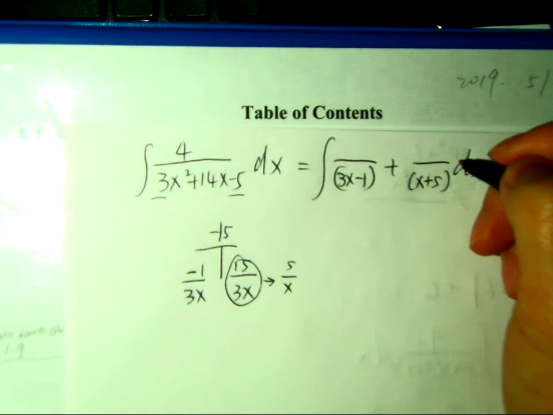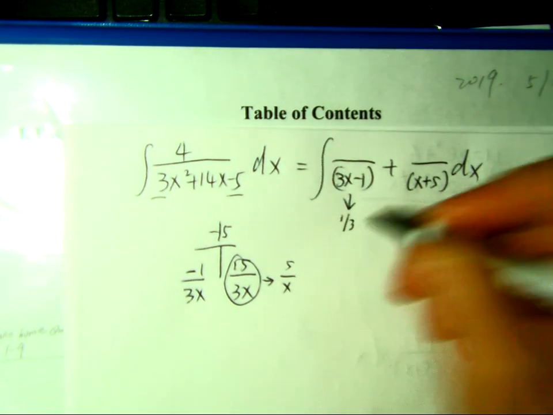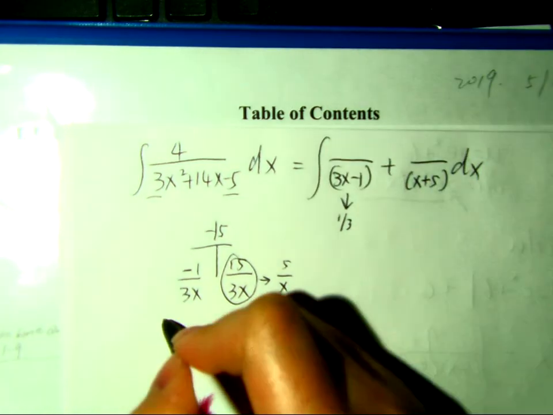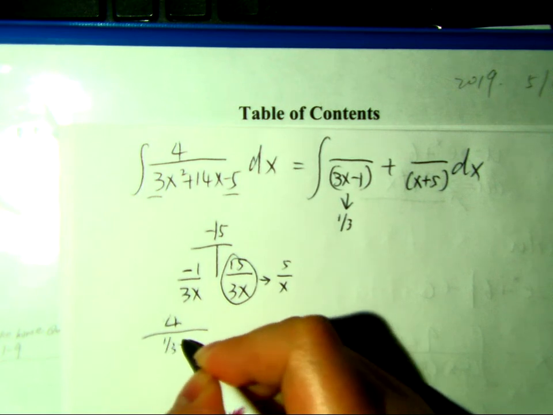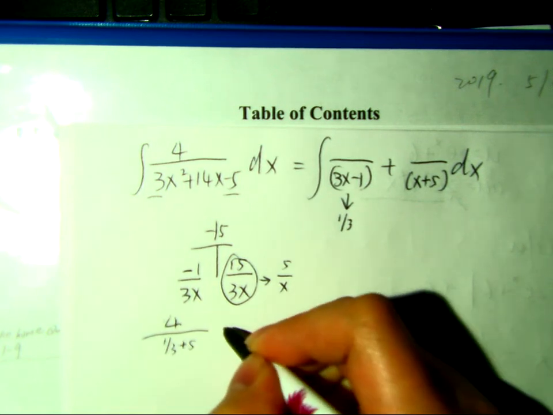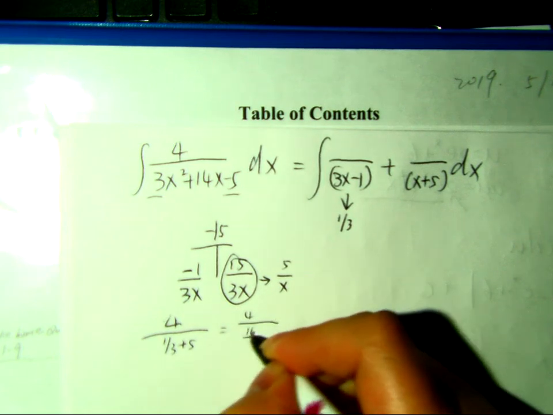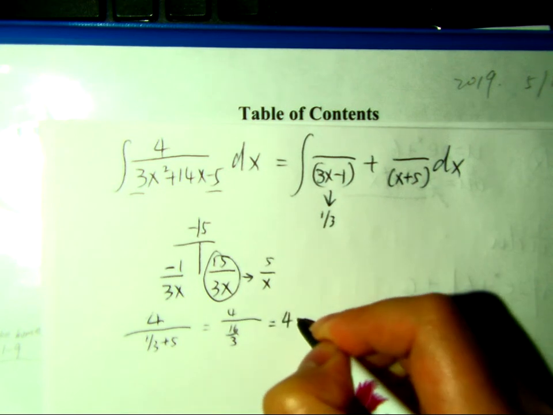And now we're able to plug in. When we plug in 1/3, by covering this, we're going to have 4 divided by 1/3 plus 5. And that will be 4 over 16 over 3. Dividing by a fraction means you multiply by the reciprocal.